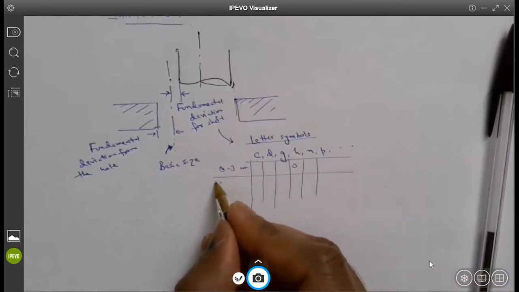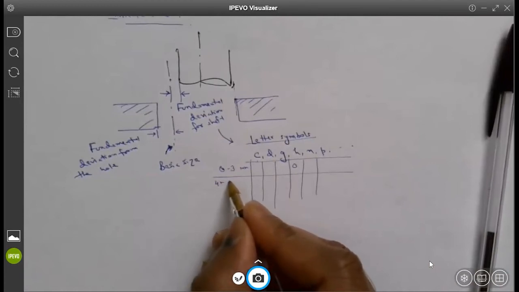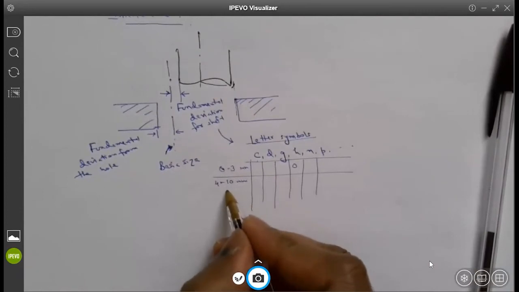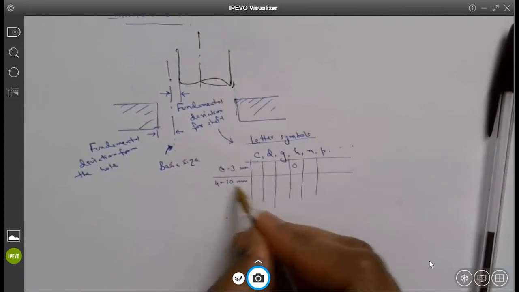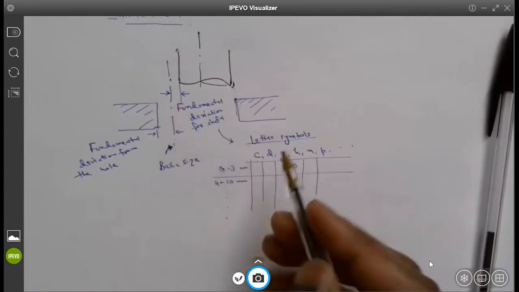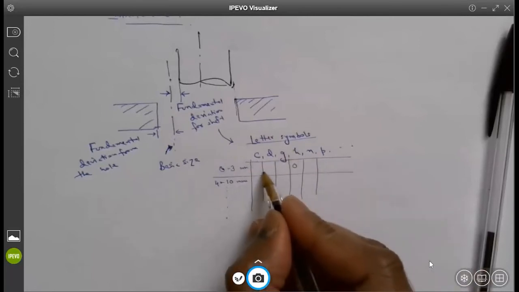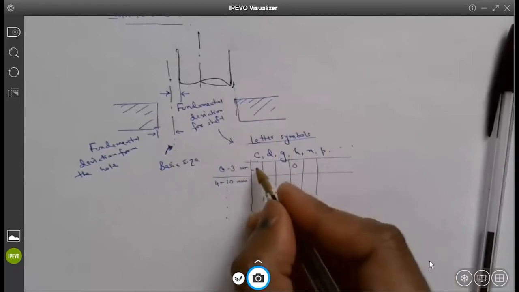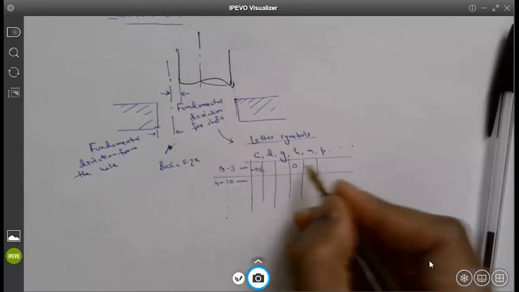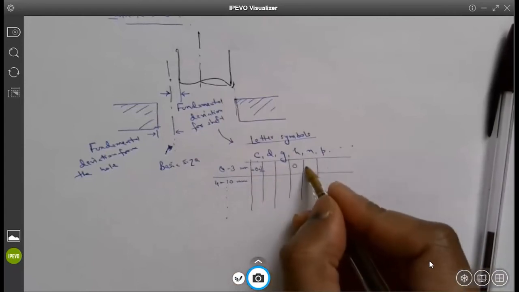So let's say from 4 millimeters to 10 millimeters. I'm just making up these numbers at this point. You can refer to the chart and see that for different sizes of the shaft, each letter symbol has a specific amount of deviation. So this is negative deviation, let's say negative 0.1, for example. And after H, it is positive.